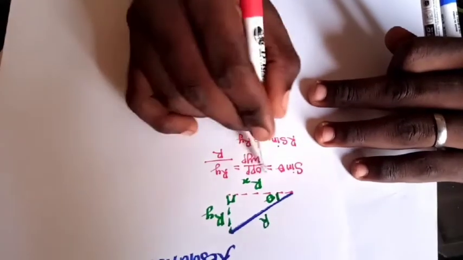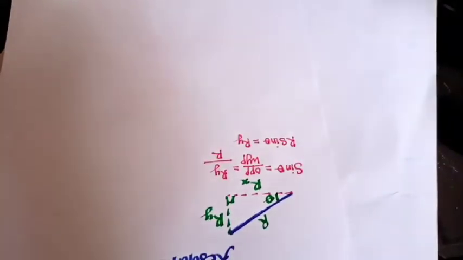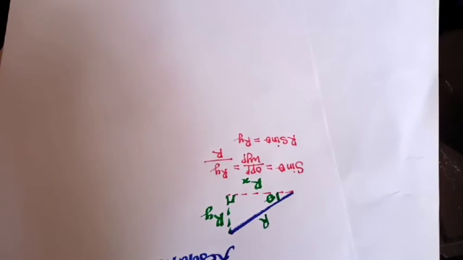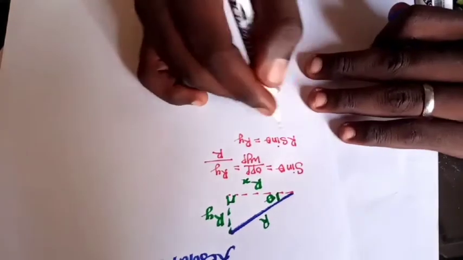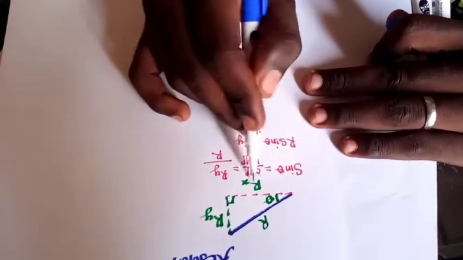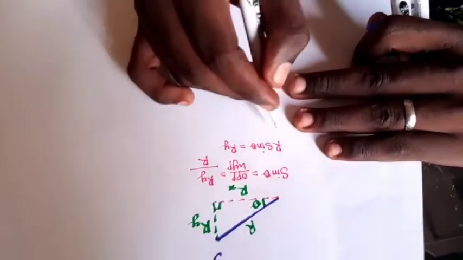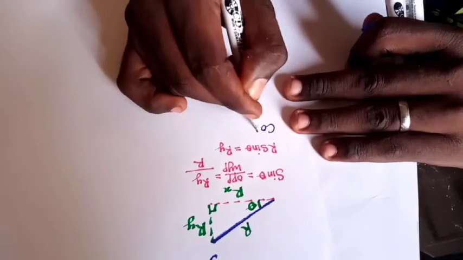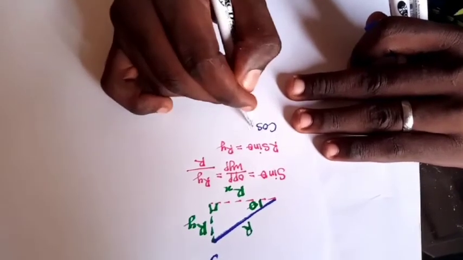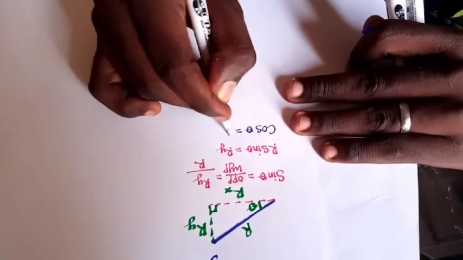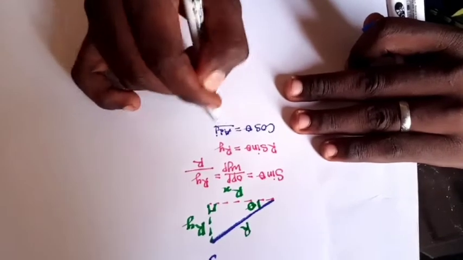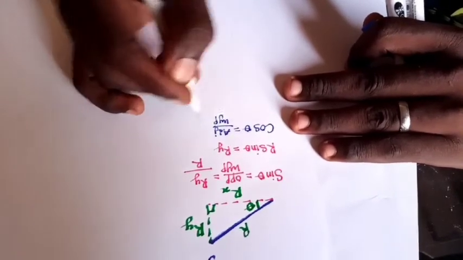Now, how can we then get the value for the horizontal component of R? Good. We said since the horizontal component is the adjacent and R happens to be the what? Hypotenuse. So we can say the cosine of theta is equal to adjacent over hypotenuse.